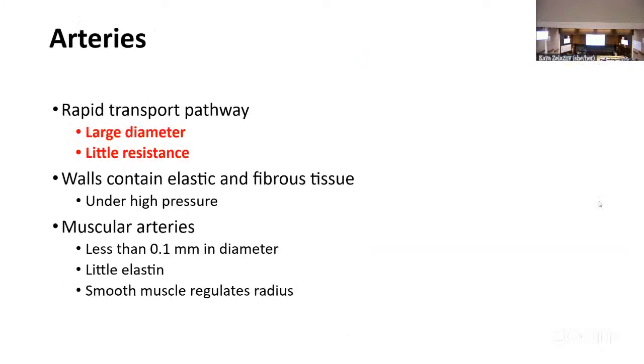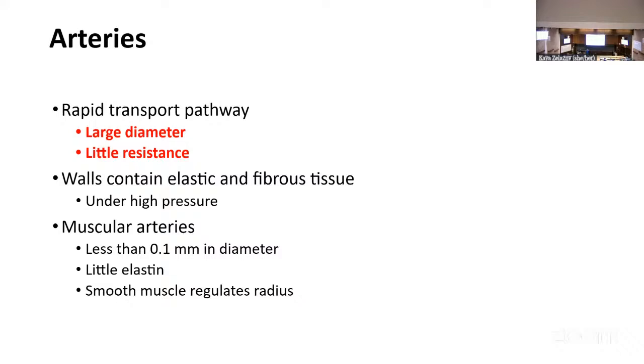Okay, so we're starting from the top with our arteries going away from the heart. Our arteries' main role is to rapidly get blood out to the body, right? You want to rapidly get blood out to your brain, to your heart, to your lungs, your liver, to your GI, everywhere.